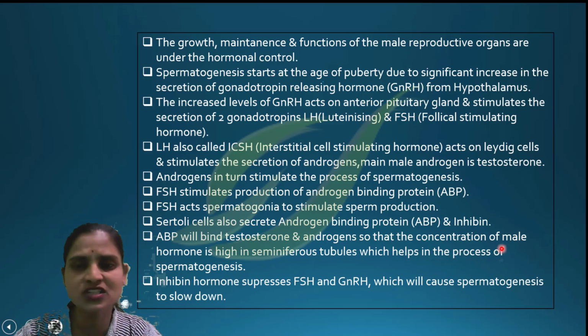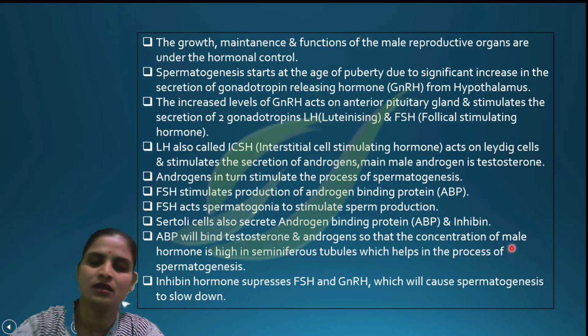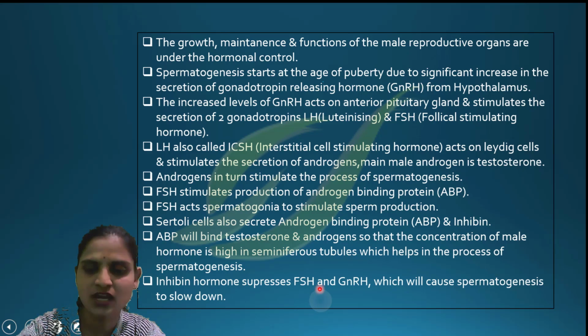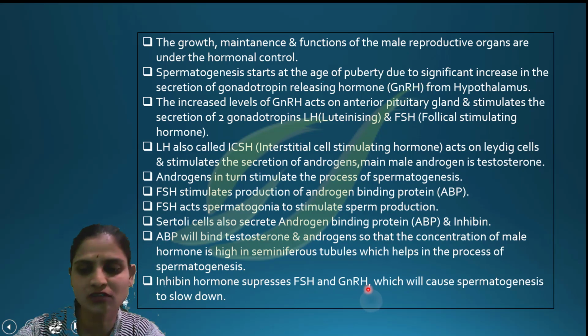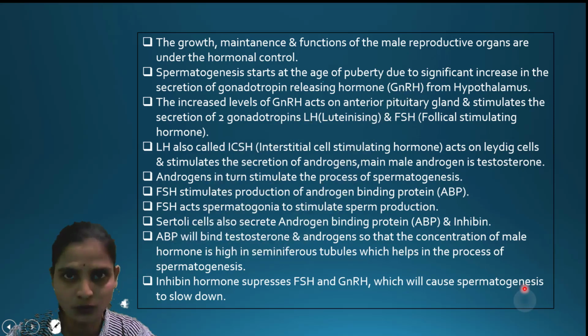If the hormone secretion increases, then the Sertoli cell will produce inhibin hormone. It stops the production of FSH as well as gonadotropin releasing hormone so that spermatogenesis will slow down.